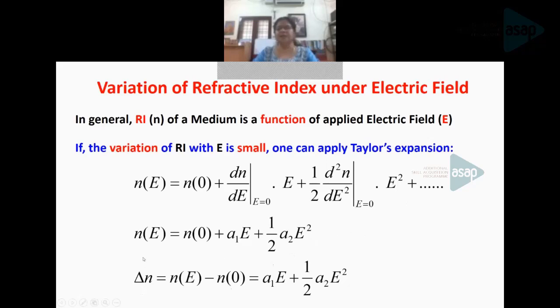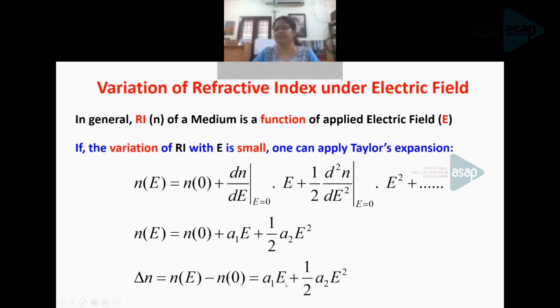Okay, now find out the difference in the refractive index. So delta n equals n of E minus n of 0. This is the induced birefringence because of the presence of the electric field. That is, n of E minus n of 0, which is equal to a1 E plus half a2 E square.